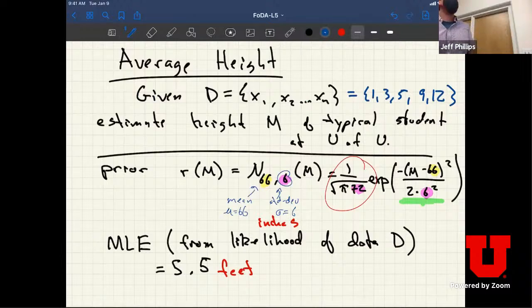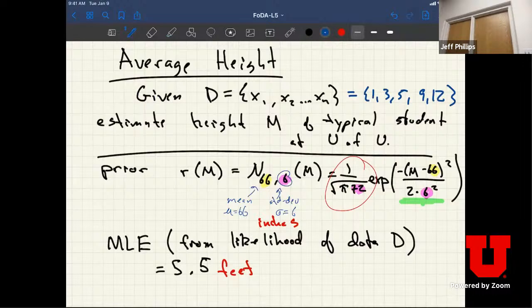So really the 66 is what matters. And this might be a big study where they took 100,000 college students, and then took the average. And when you do that, and we'll see this in the next couple of lectures, this standard deviation actually goes way down. You average a bunch of things together. So I should trust this one much, much more than the other one if it's an average of 100,000 students or something like that.